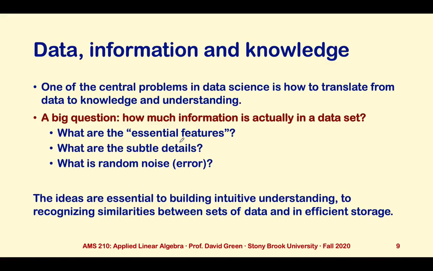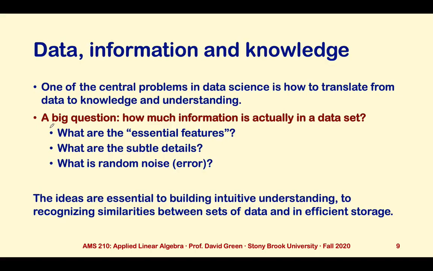This can be lessons about biology from a big data set in biology, insights into how financial systems work in financial data time series, or understanding what an image means. What is the actual picture in an image beyond the raw data of colors in an array of pixels?